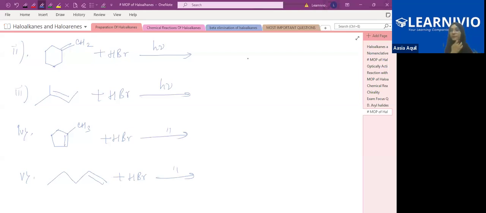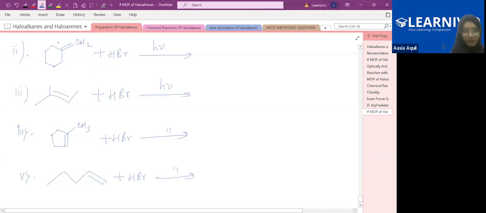Lubna, what's your first question? Open with the answer. Suppose this is the first position, this is the second. We should add bromine to the second carbon atom.